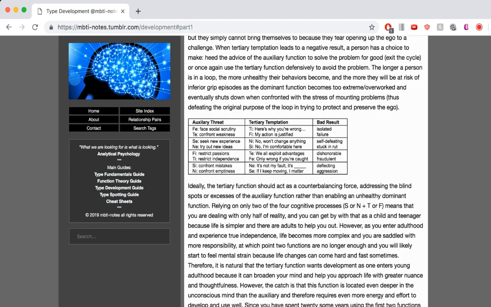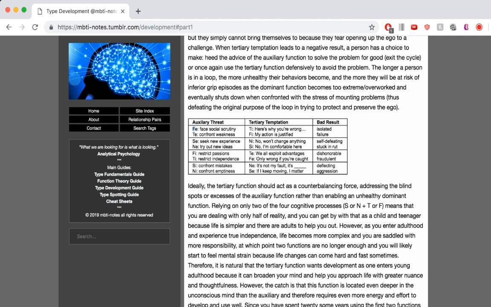This table over here shows your auxiliary functions over here and your tertiaries over here, and if you are trying to develop your auxiliary, your tertiary can get in the way. So over here, let's see.